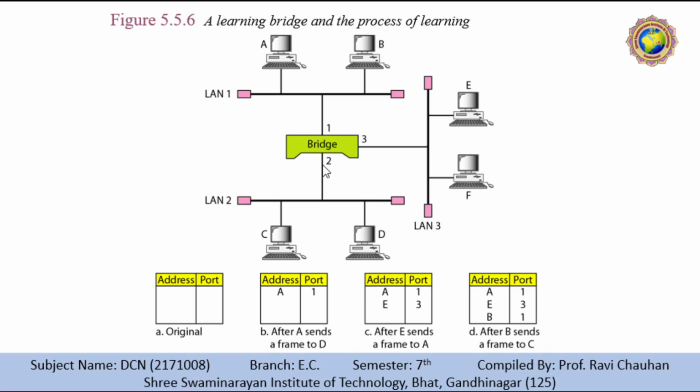However, looking at the source address, the bridge learns that station A must be located on the LAN connected to port 1. This means that any frame destined for A in future must be sent through port 1.